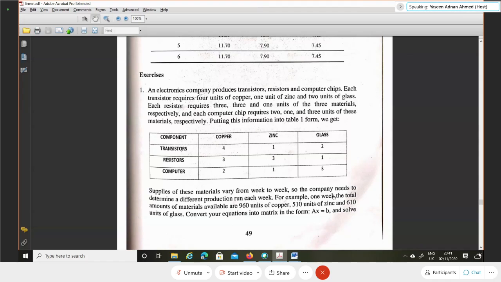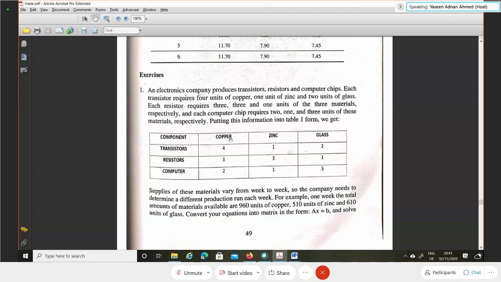For example, 1 week the total amount of material available are 690 units of copper. Okay, and then 510 units of zinc, and 610 units of glass. Okay, so you can see the column.